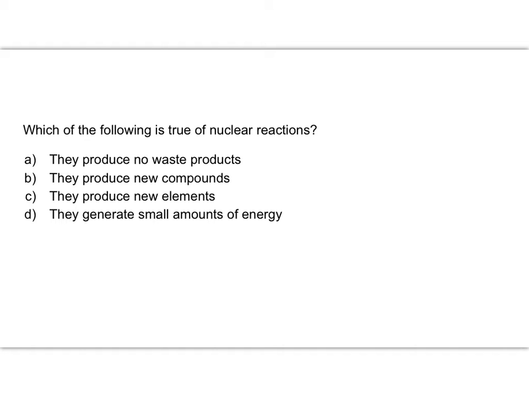But the key here, as far as these choices are concerned, is that unlike a chemical reaction, a nuclear reaction produces entirely different elements. So in a chemical reaction, you can have different compounds that are formed, or a compound that breaks down into its component elements, but the elements themselves do not change during a chemical reaction. In a nuclear reaction, though, you can actually produce new elements.